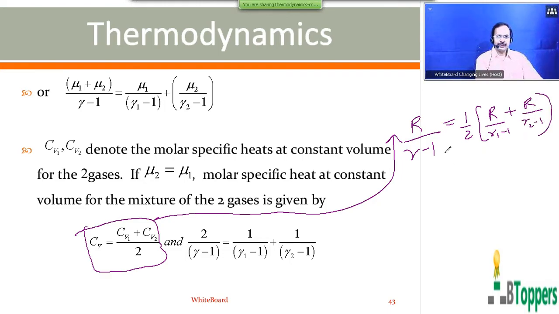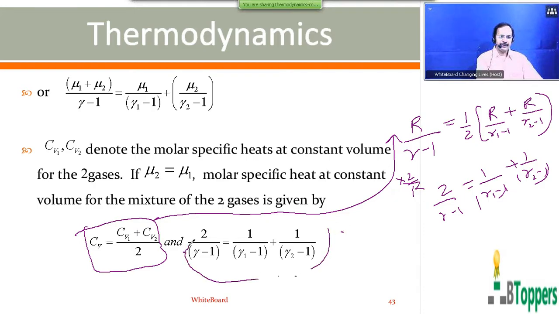So if we divide the equation with R and multiply with 2, you get 2 by gamma minus 1 is equal to 1 by gamma 1 minus 1 plus 1 by gamma 2 minus 1. So this is the result you can arrive at, which is applicable if an equal number of moles are mixed. Those who are writing the notes, please take a pause and finish writing the notes up to here.